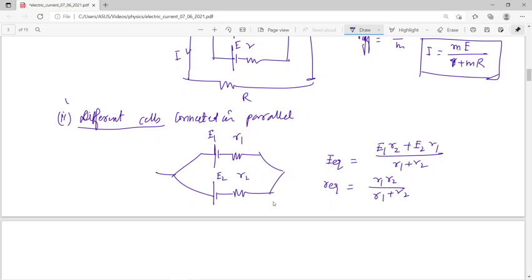So if we generalize, let there be m cells of EMF E1, E2, dot dot dot, Em, and internal resistances R1, R2, dot dot dot, Rm.